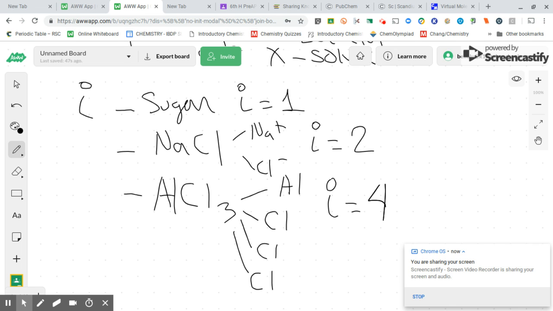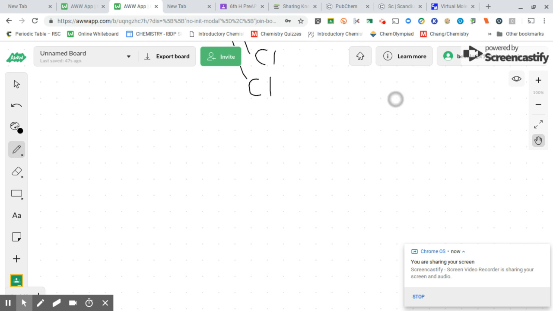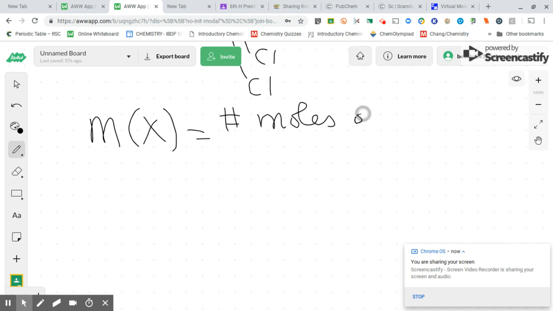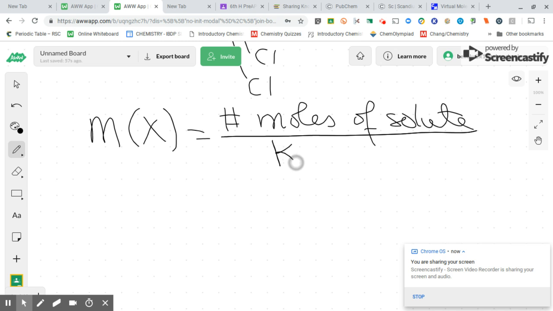Molality, just for refreshing the formula, will be equal to n, the number of moles of solute, over kilograms of solvent.